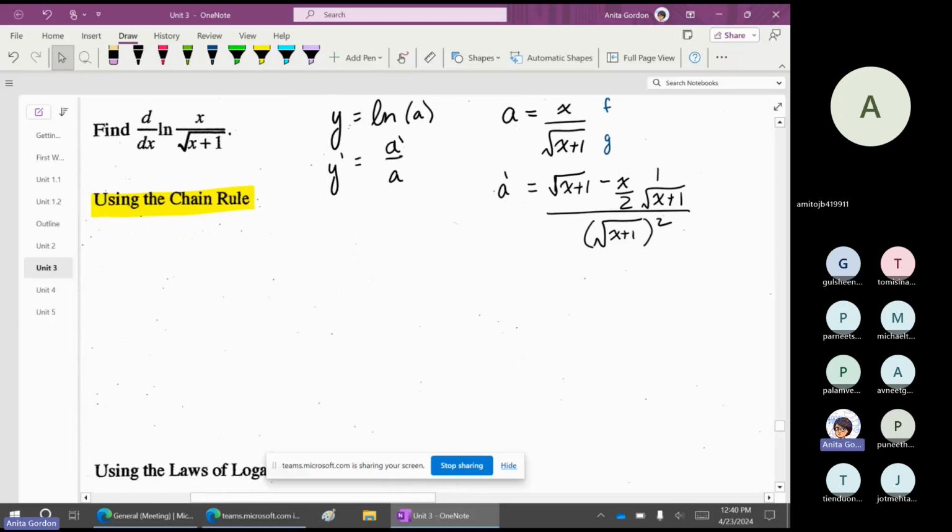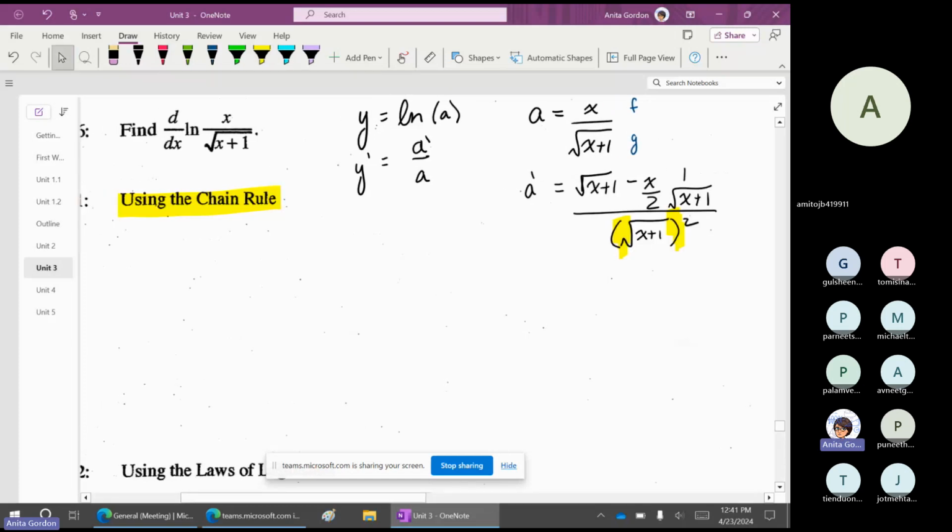Should we chuck it in, or should we try to simplify first? I can remove the root here because I have the square root squared, so that'll be positive. Let's not simplify it just yet. Let's just put it into the y prime equation.